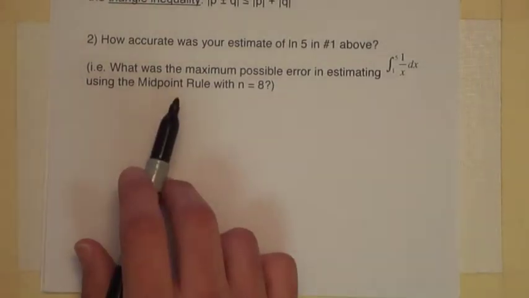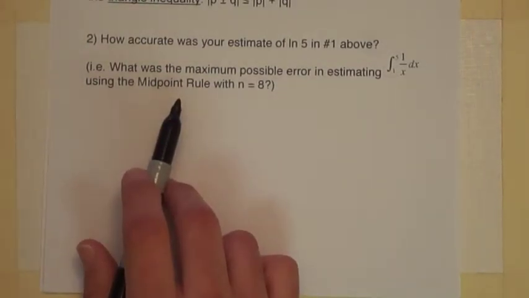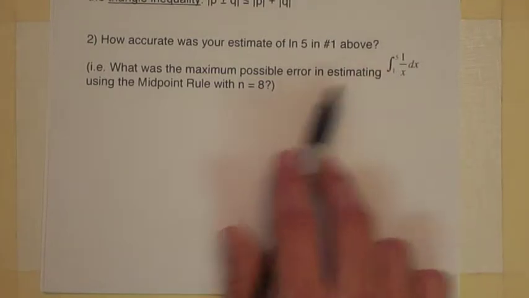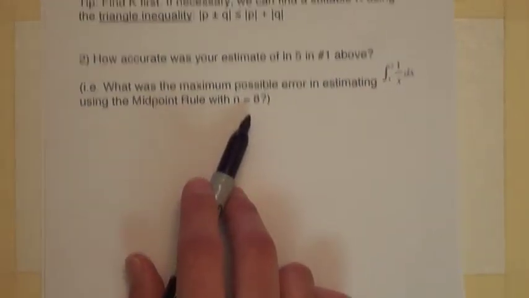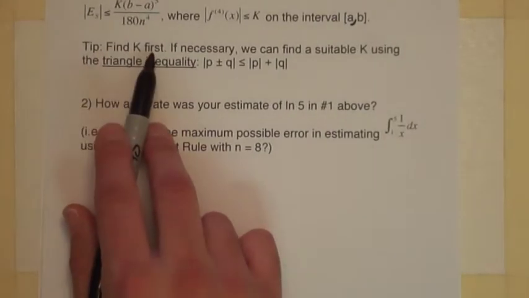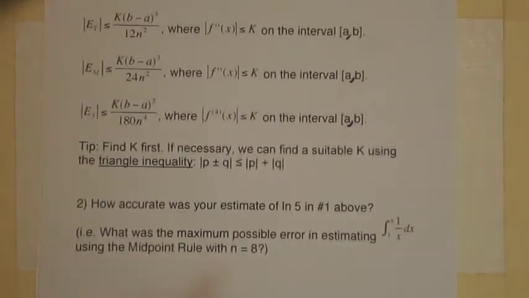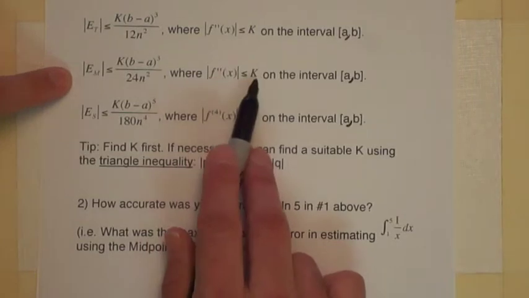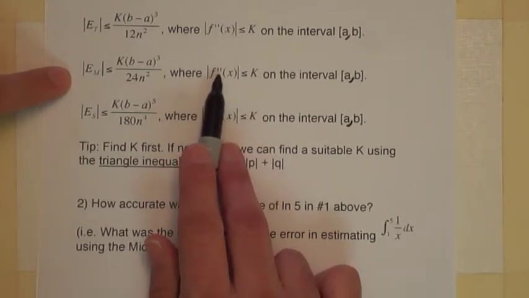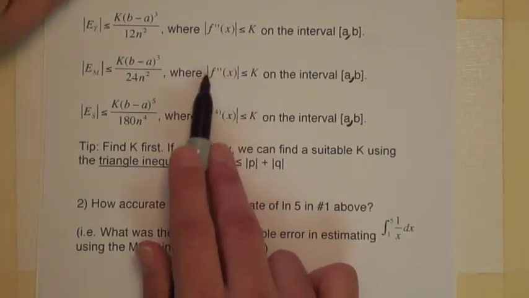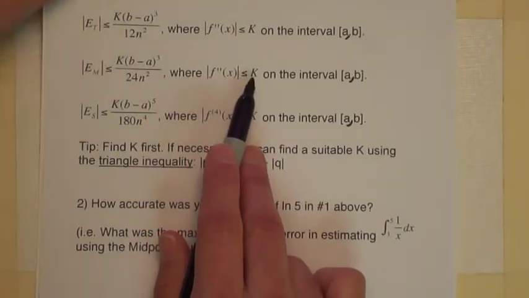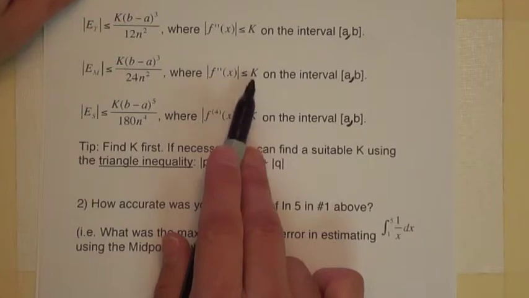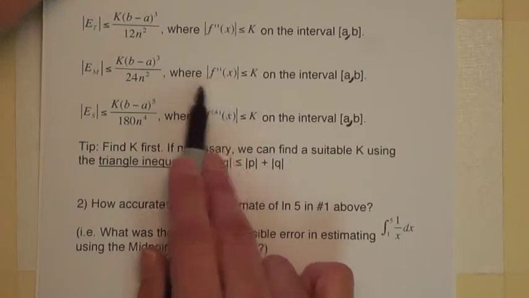What was the maximum possible error in estimating this integral using the midpoint rule with n equals 8? So use the tip. Find the k first. With the midpoint rule, the k depends on the second derivative, f double prime of x. And it turns out absolute value of f double prime of x has to be less than whatever k we choose. We have to choose a k that's at least as big as f double prime of x.